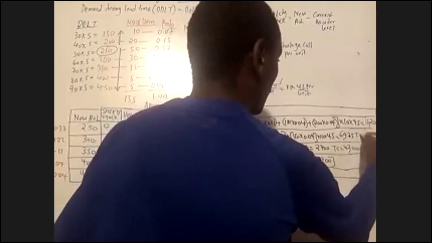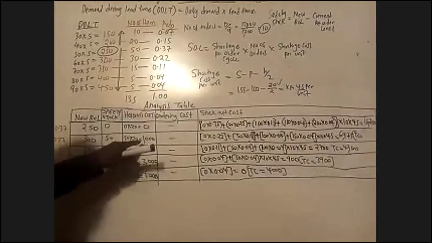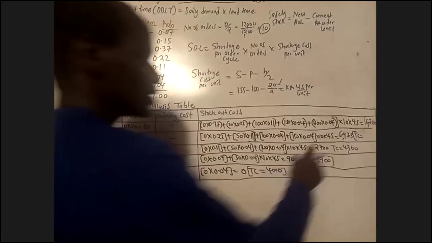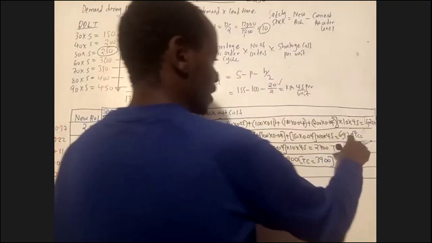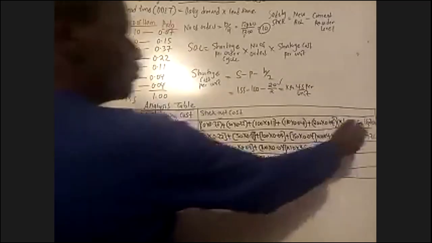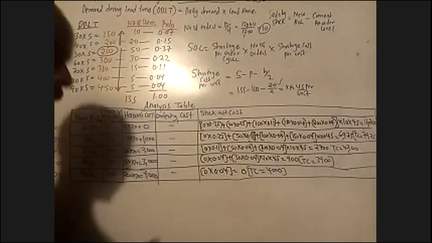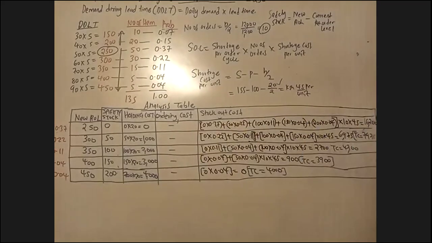Hapa total cost ni ngapi? Itakuwa ni 1000 plus 6975, 7975. Then ya kwanza total cost ni 16200, kwa sababu ni 16200 plus 0. Now advice, you pick the one with the minimum cost.